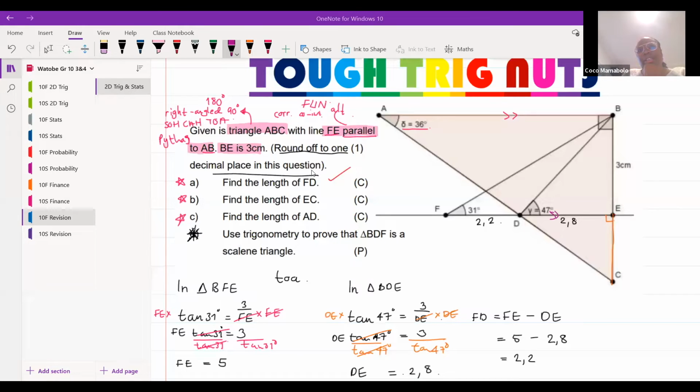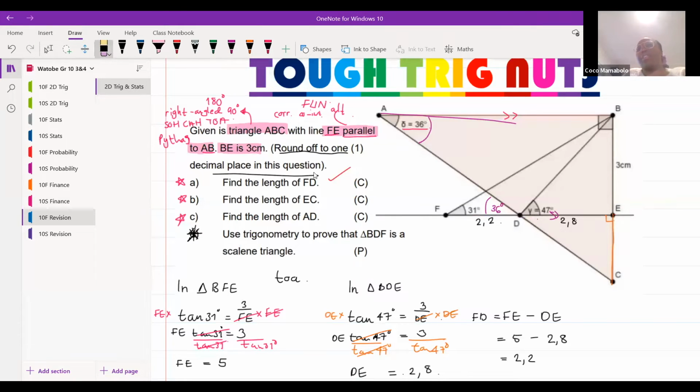Now, if that line and that one are parallel, if the angle A over here is 36 degrees, which other angle is going to be 36? The angle D, that other side. Beautiful. That's it, over here, 36 degrees.